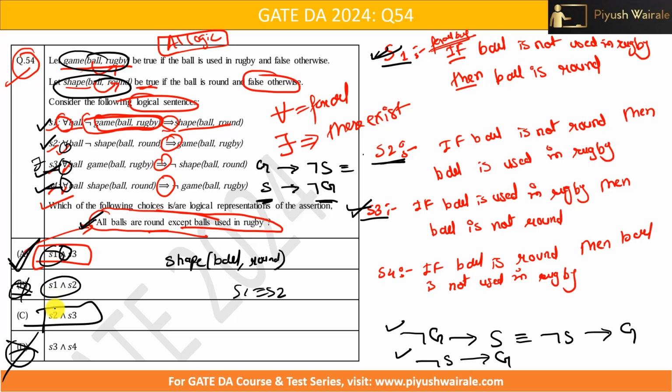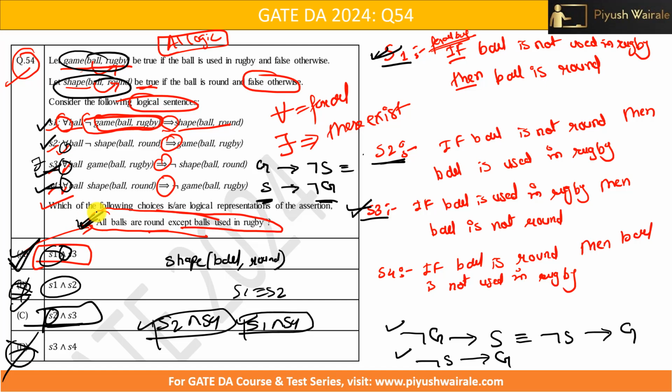So I can replace this S1 by S2. So I'm going to get the same thing, right? Here I can also say S2 and S4 will give me the same thing. Also S1 and S4 will give me the same thing here. Like this, okay? So all these four will give me the correct equivalent for this particular statement.